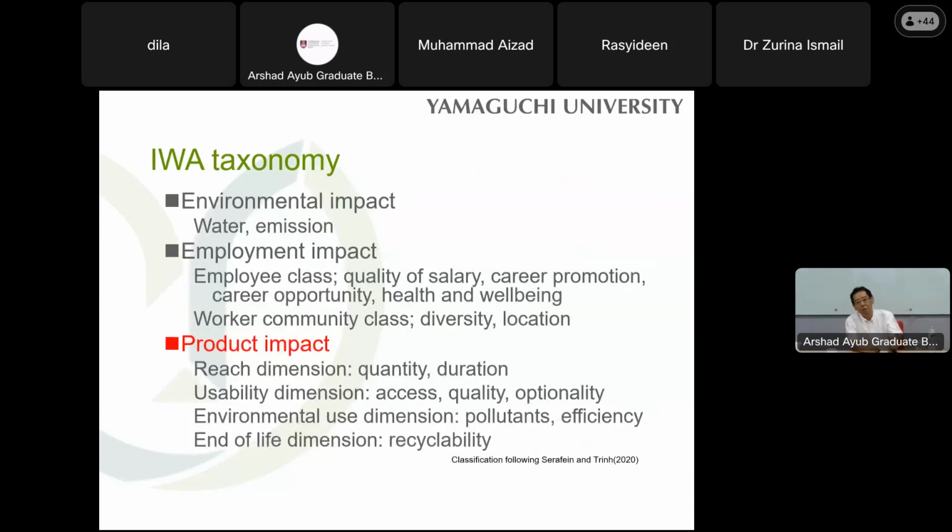In the IWA taxonomy, there are three broad types of impact accounting. First, environment, which is very common. Second is employment impact. And third, which we try to adapt, is product impact.